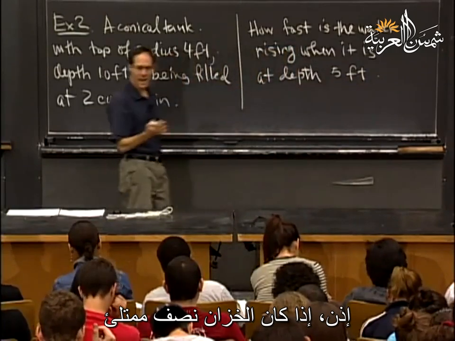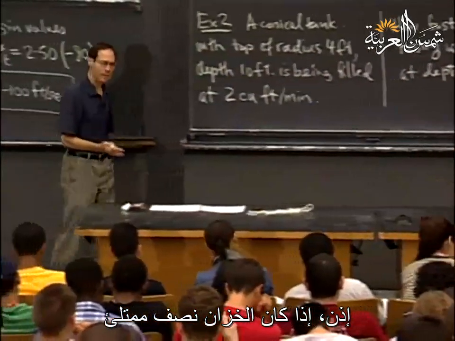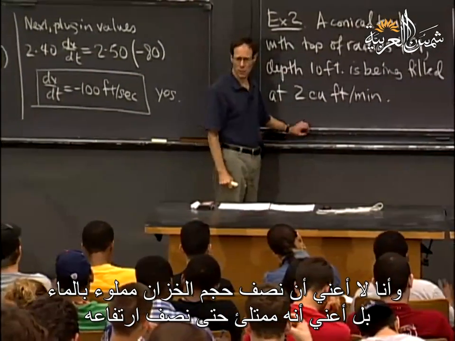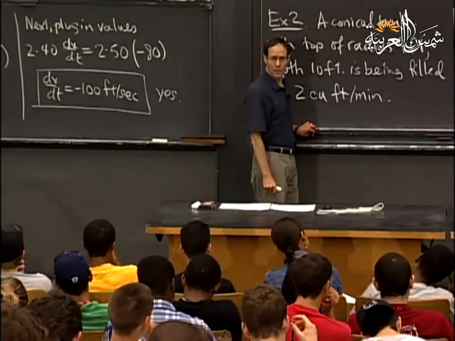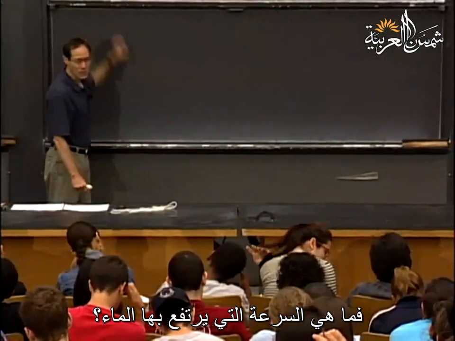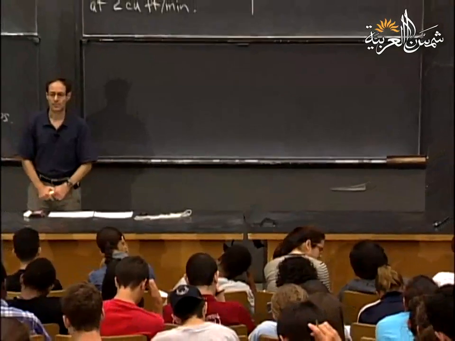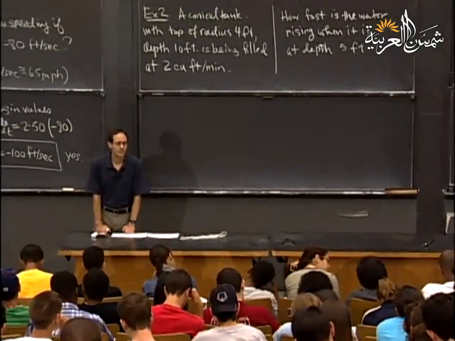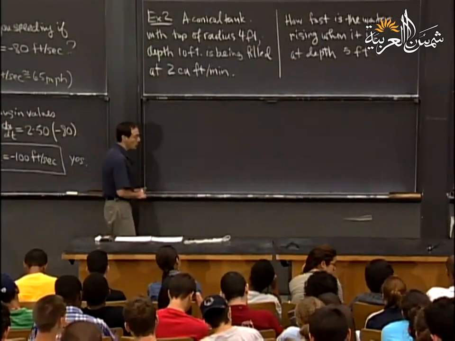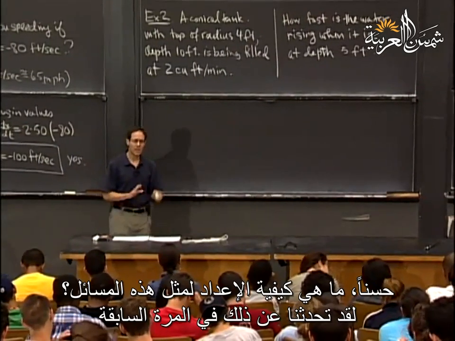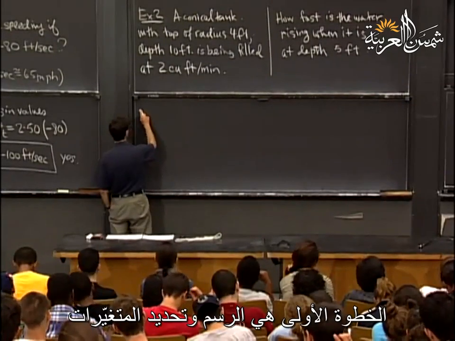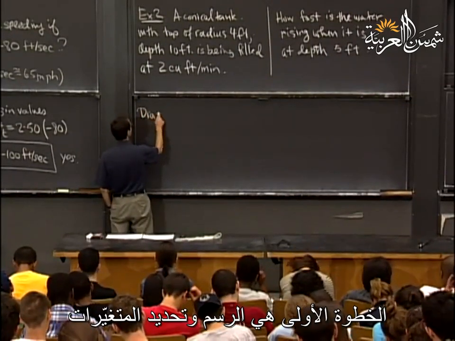So if this thing is half full, not half full in terms of total volume, but half full in terms of height, what's the speed at which the water is rising? So how do we set up problems like this? Well, we talked about this last time. The first step is to set up a diagram and variables.